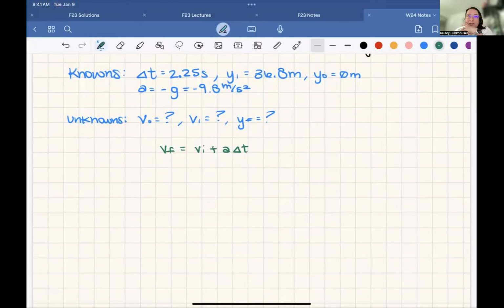And since this is in the Y direction, I'm just going to switch from X to Y. So Y final equals Y initial plus the initial velocity times the time interval plus 1/2 acceleration times the time interval squared. And then V final squared equals V initial squared plus 2A delta Y, or the displacement.